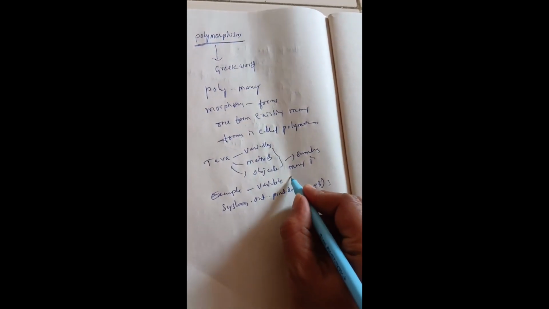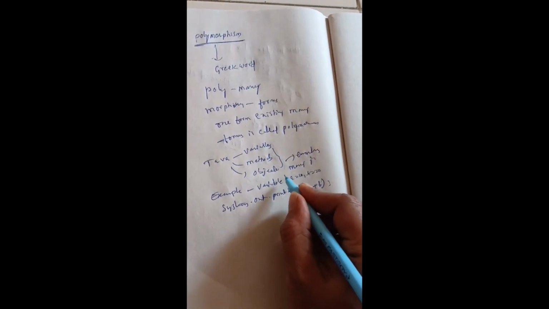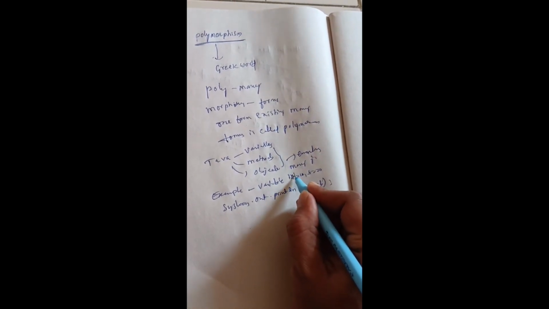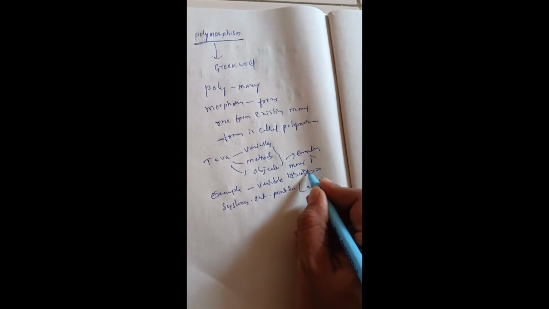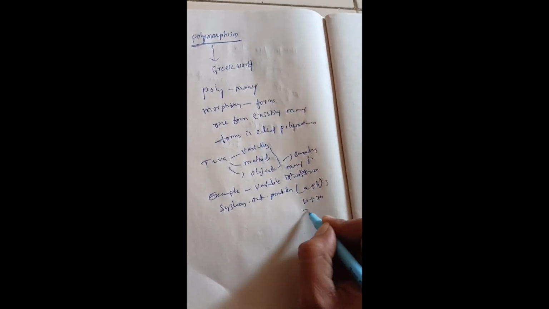Suppose a equals 10 and b equals 20, both integers. The answer is 10 plus 20 equals 30.